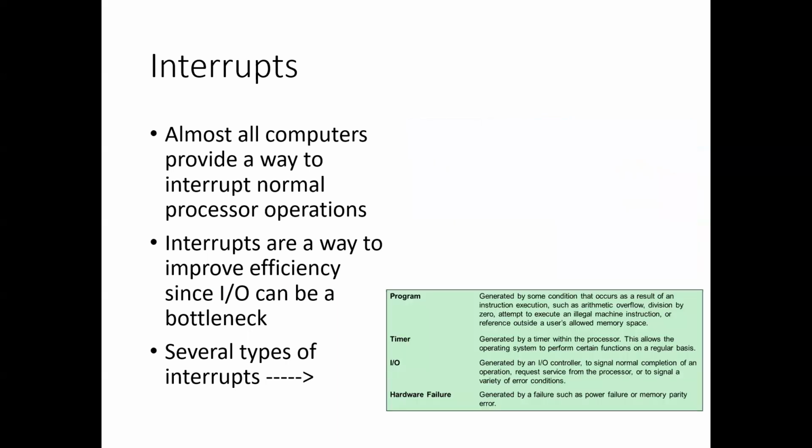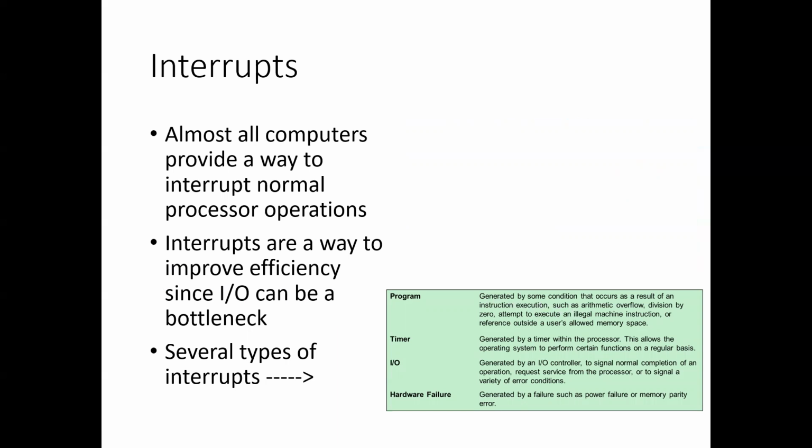Here's a set of different types of interrupts. There can be program interrupts generated by some condition as a result of instruction execution, such as arithmetic overflow or division by 0. These are your classic ones that cause problems in your programs.